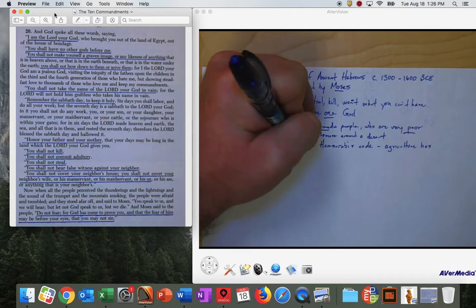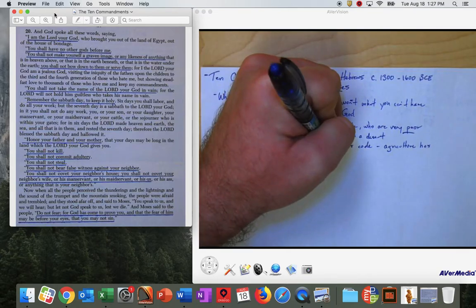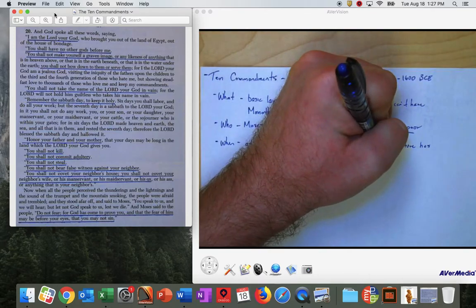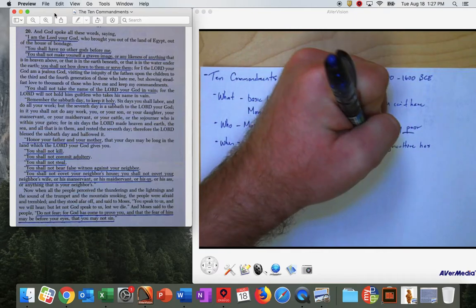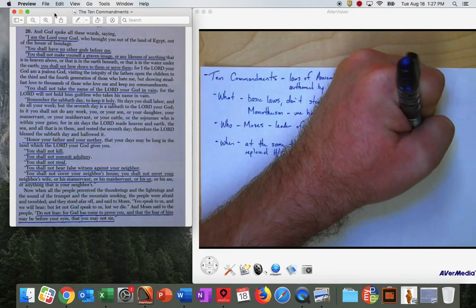And so it would be very difficult for a nomadic group to survive without agriculture.